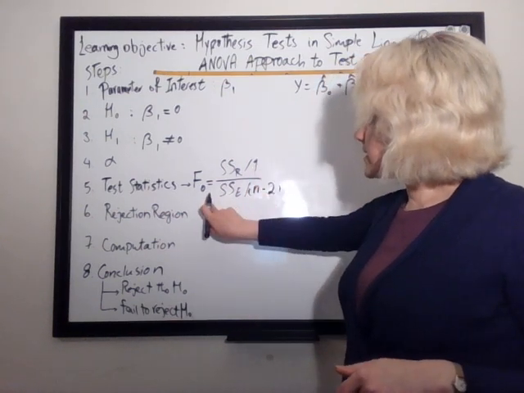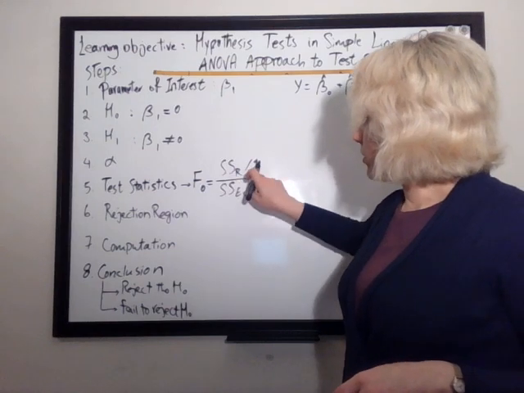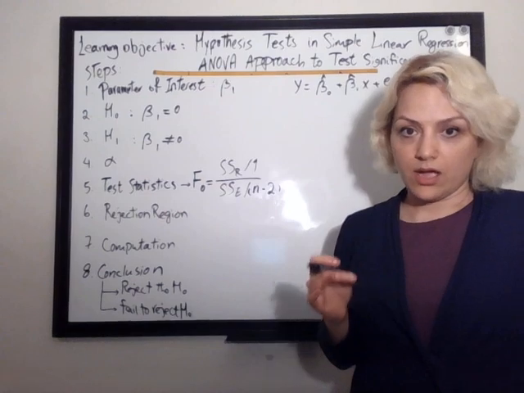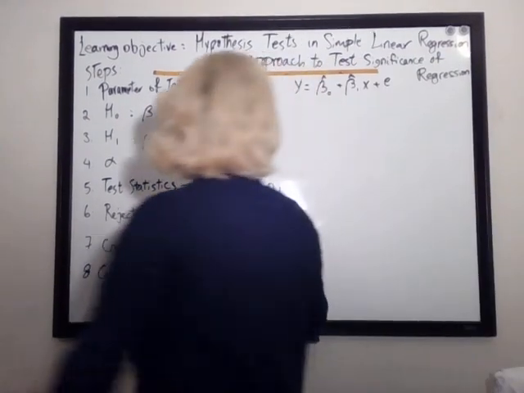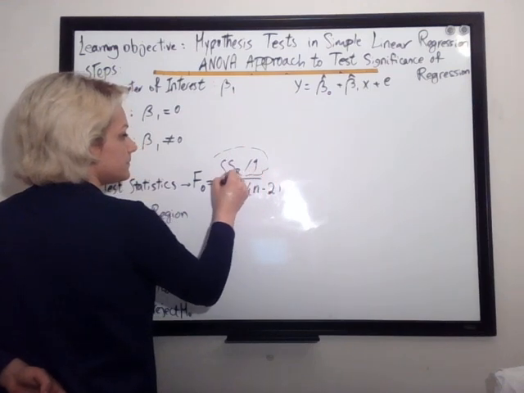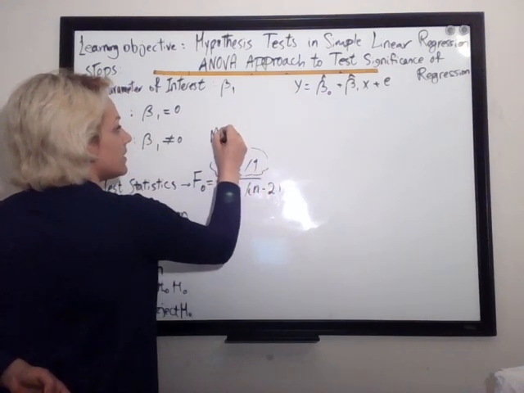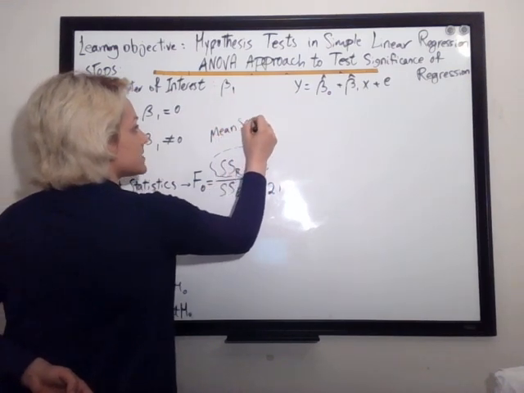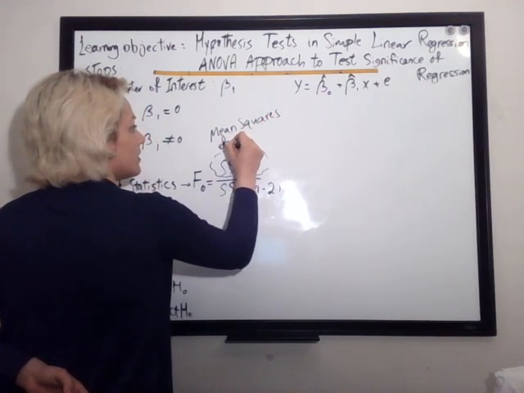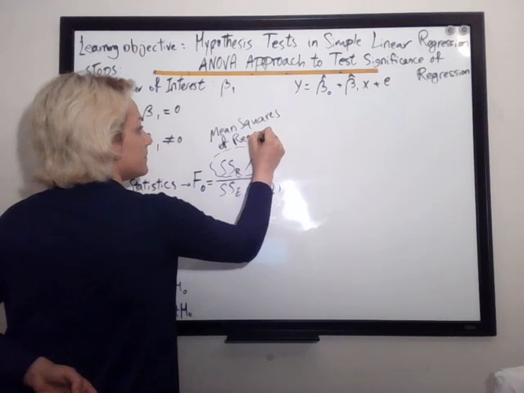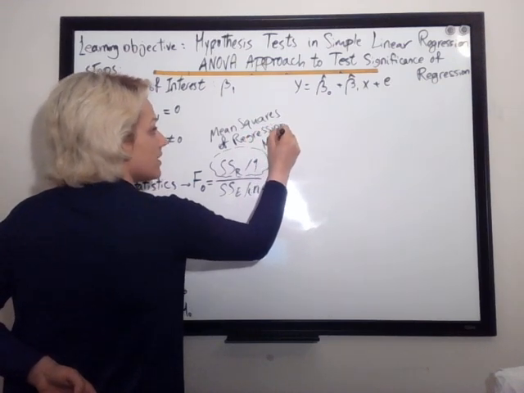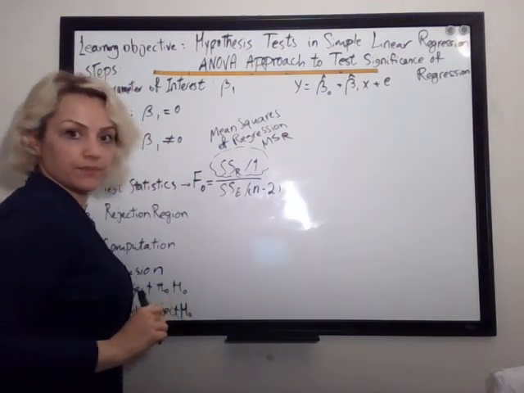SSR over 1 we call the mean squares of regression, and we show it by MSR as well.